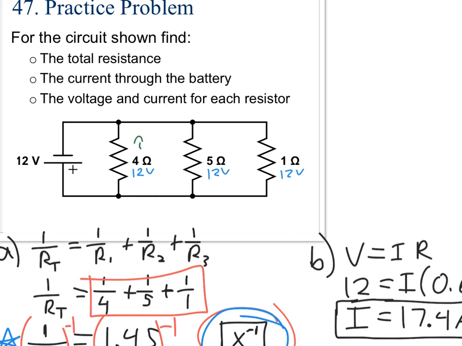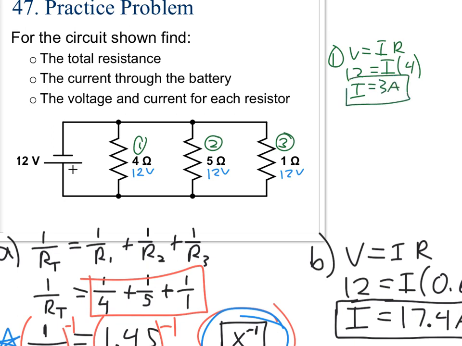I'll call this resistor 1, resistor 2, resistor 3. For each one, we're just going to apply Ohm's law. V equals IR, 12 equals I times 4. So the current through that first resistor is going to be 3 amps.